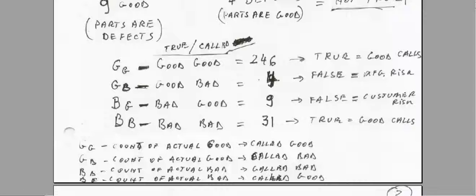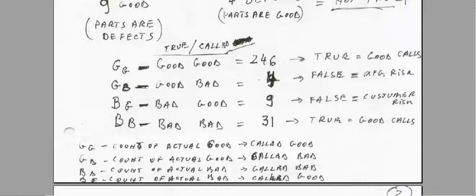For our particular case, you can see that we have GG, which are true, 246 parts, but 4 parts, GB, are false, and also BG, bad called good, there were 9, so also these were false.